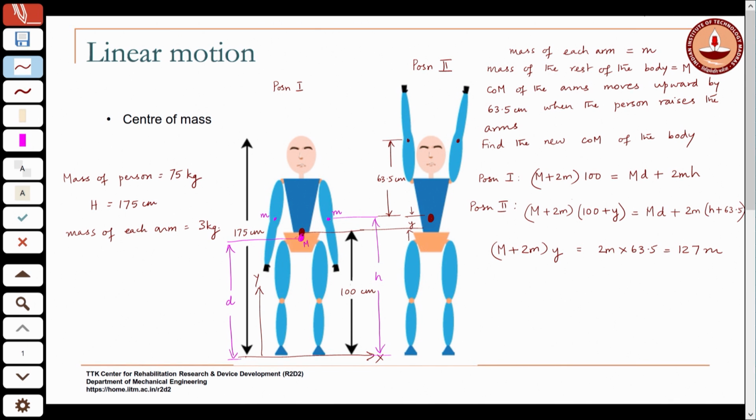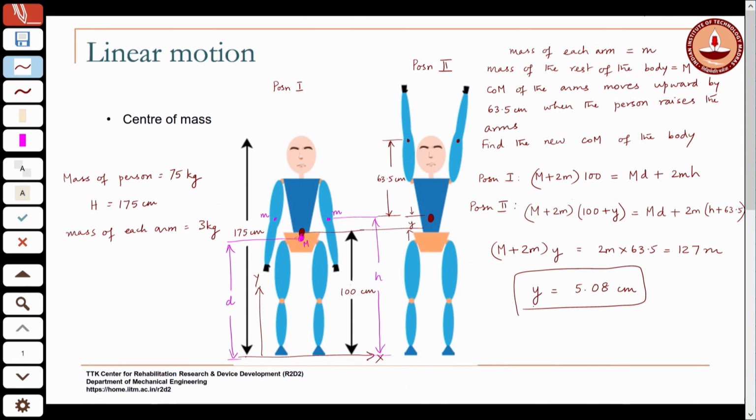So, if I substitute M and small m into this equation, I can solve for y to get y equal to 5.08 centimeters. So, you can solve that and see that we get this.